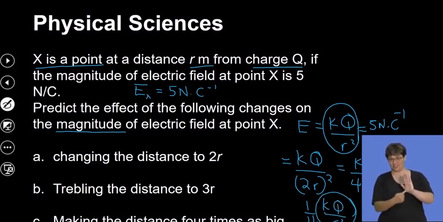So this is a quarter of 5 newtons per coulomb, which is 5 over 4 newtons per coulomb. The force experienced by a unit positive charge actually decreases. If you change the distance, the new value would be 5 over 4, which is 1.25, a quarter of the original. So it decreases to 5 over 4 newtons per coulomb.